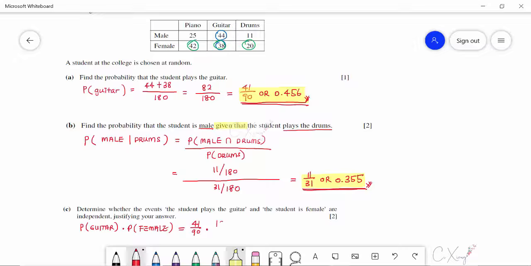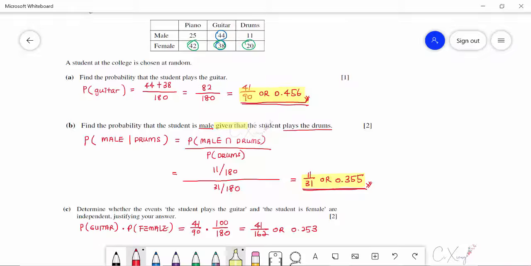So it will be 100 over 180. When you multiply these two probabilities together, you get 41 over 162. Of course, if you want, you can change it to three significant figures, which is easier for you to make comparison later. It will be 0.253.